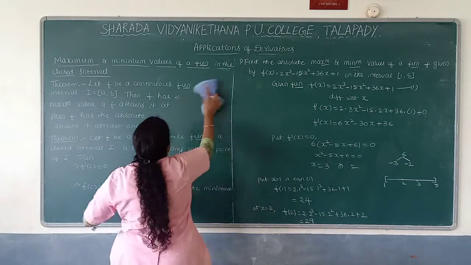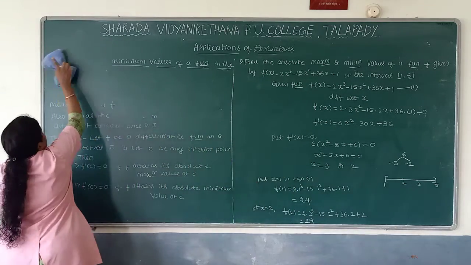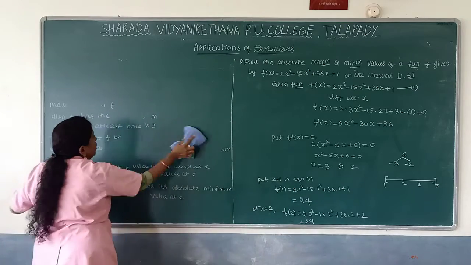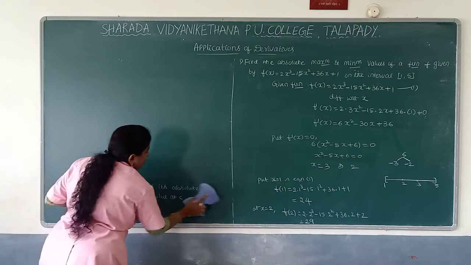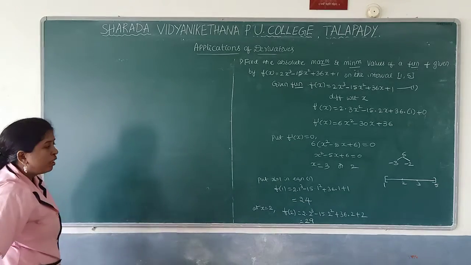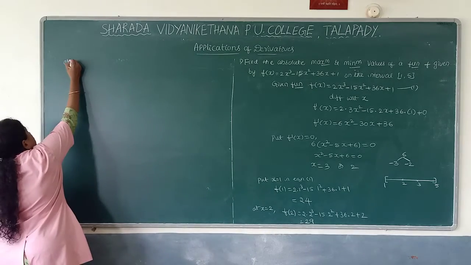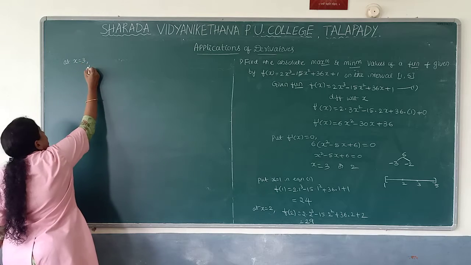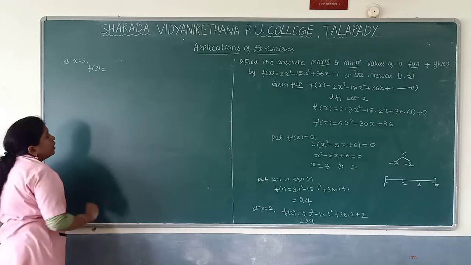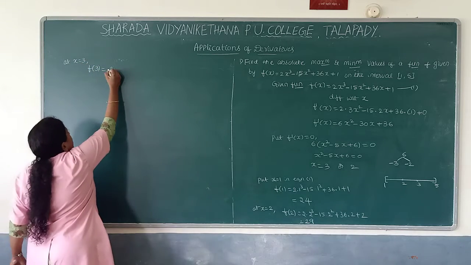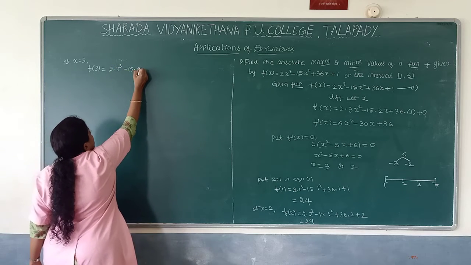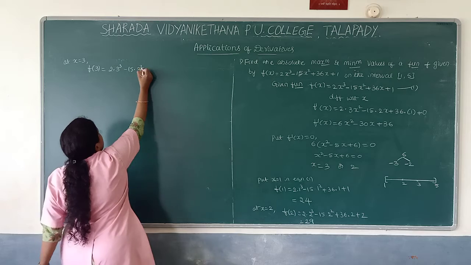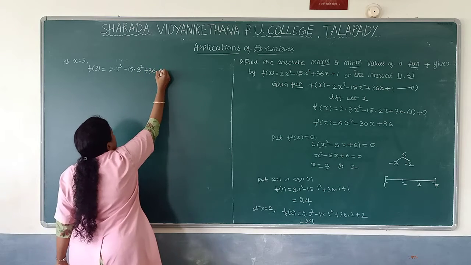Next, at x is equal to 3, the same way we have to substitute in the main function. f of 3 is 2 into 3 cube minus 15 into 3 square plus 36 into 3 plus 1.